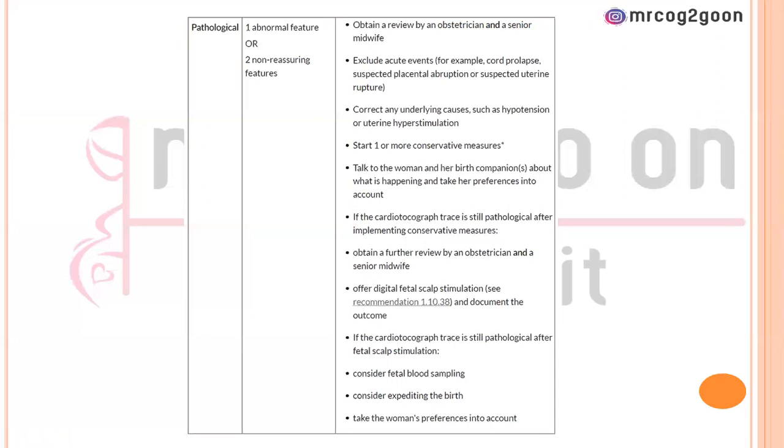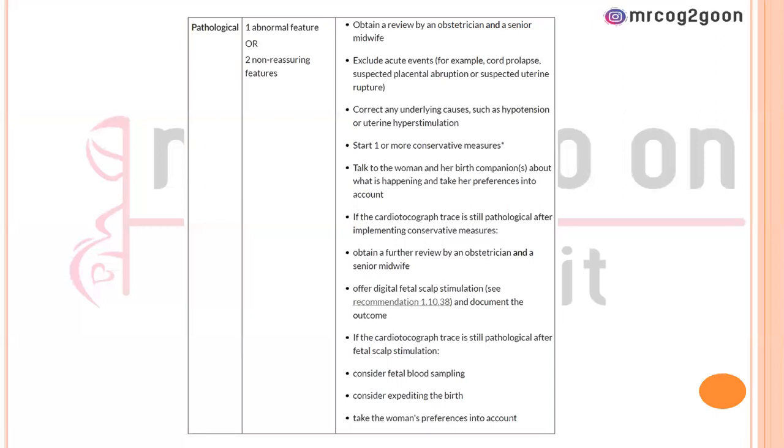Digital scalp stimulation first. I said it more than once because always we go for fetal blood sampling. No, first, before fetal blood sampling, go for fetal scalp stimulation. And if fetal scalp stimulation has no effect, then you can go for fetal blood sampling or expedite birth. And expedite birth doesn't mean CS.